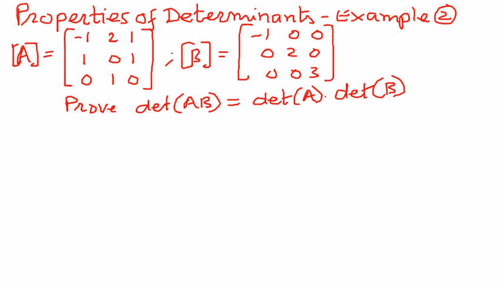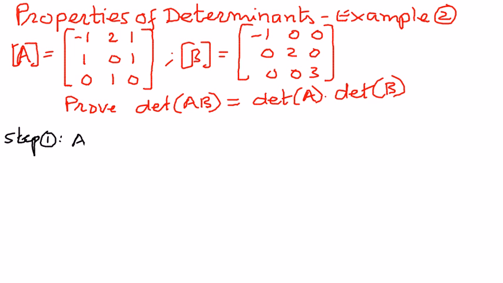So let's get started. Step number 1. In here we want to find the product AB. We want to find matrix AB like that.